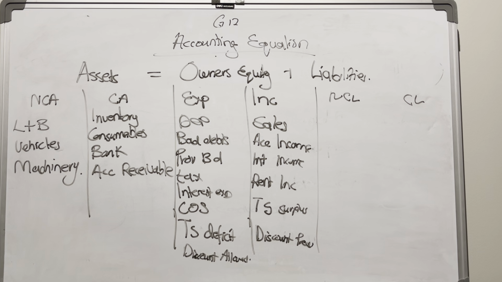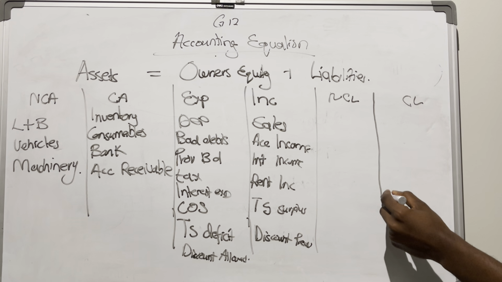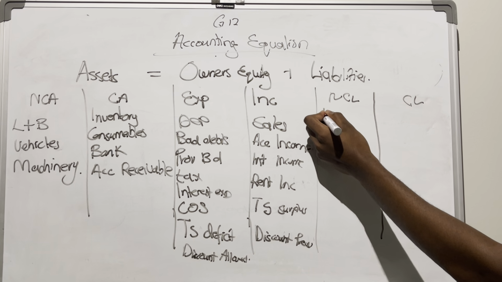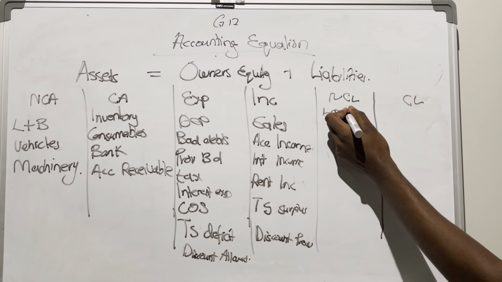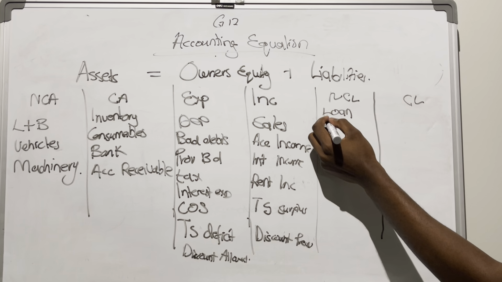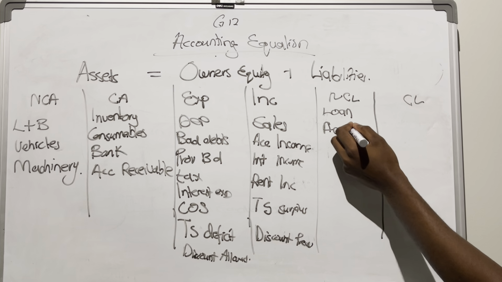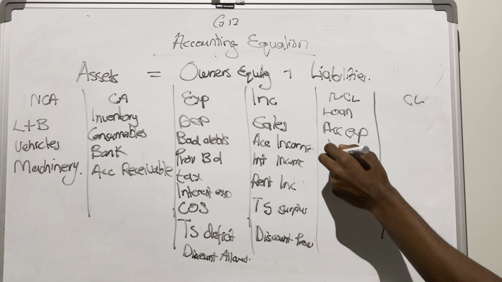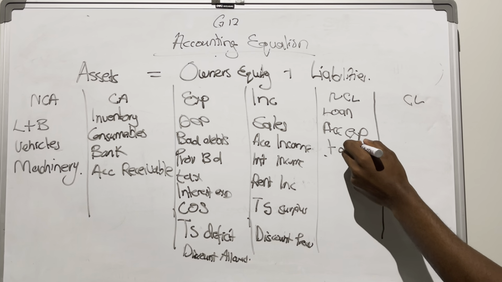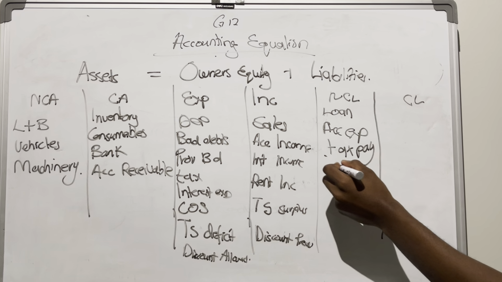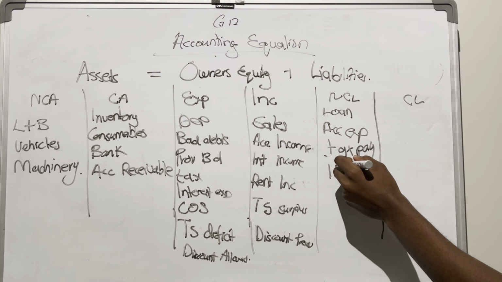Thereafter, we move on to your non-current liabilities. What non-current liabilities are you going to look at? It's your loans, it is your prepaid, it is your accrued expense, it's your tax payable, your income received in advance.